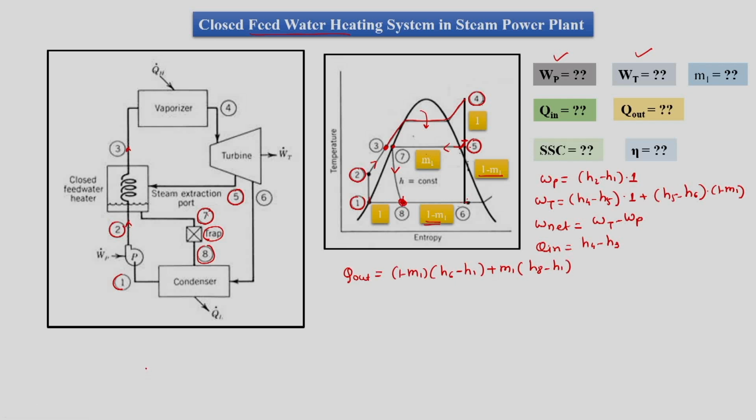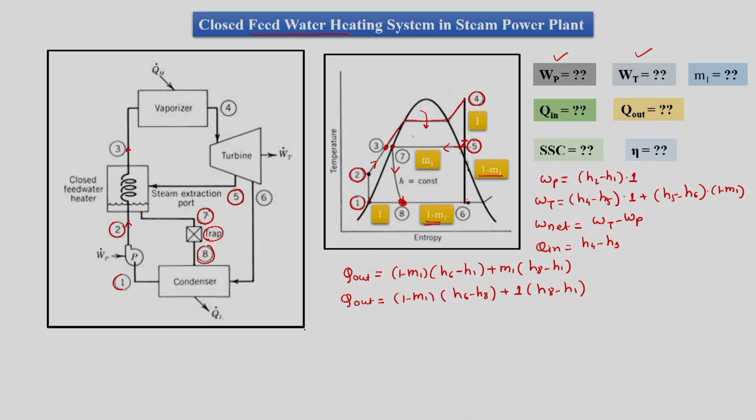This can also be said to be equal to 1 minus M1 mass losing its enthalpy from H6 to H8, plus the complete 1 unit mass losing its enthalpy from H8 to H1. So these two formulas are practically the same.